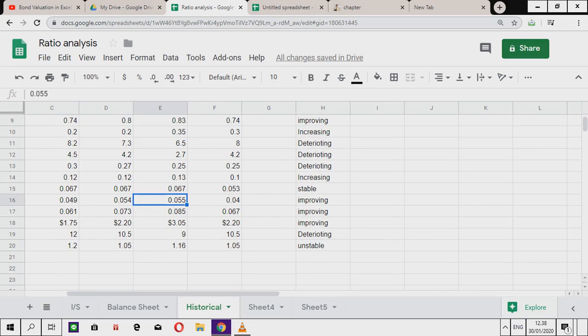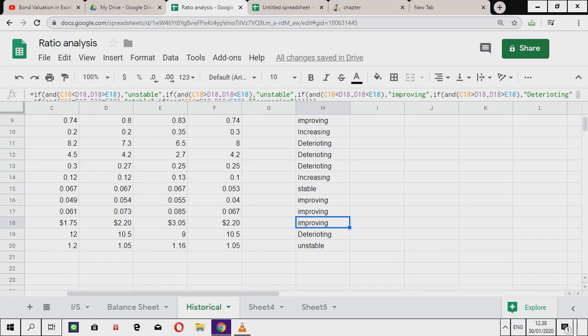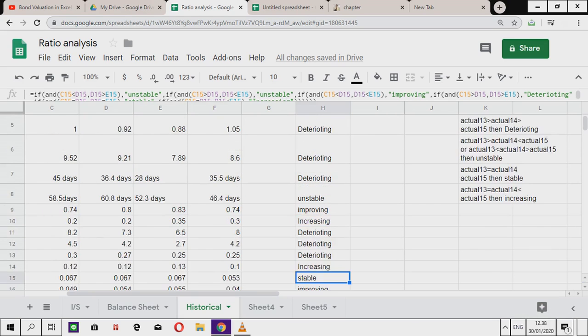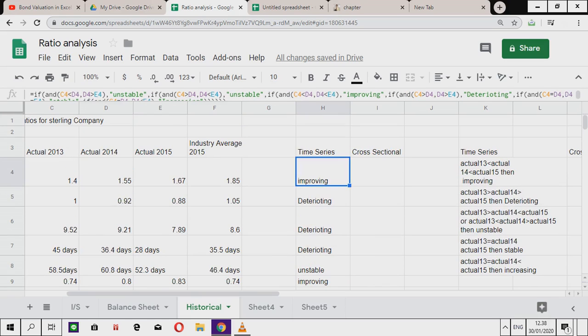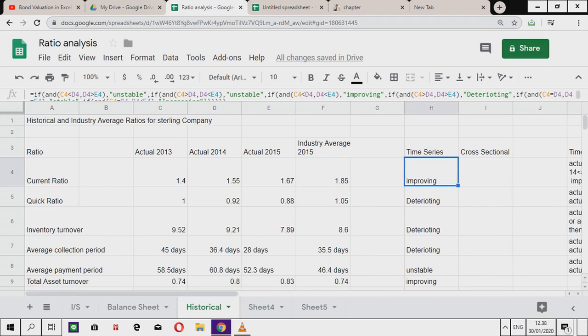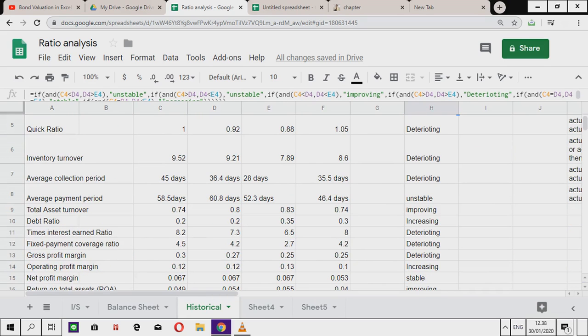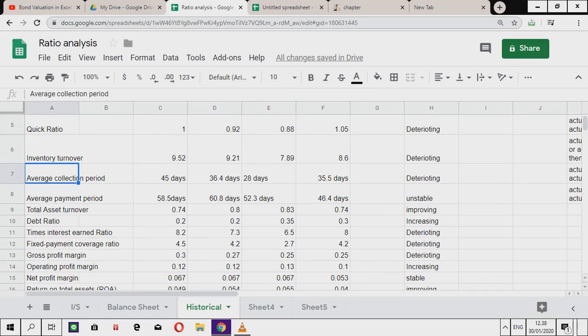It's too narrow. Yeah, stable. Right. There is an exception. There is only one exception.